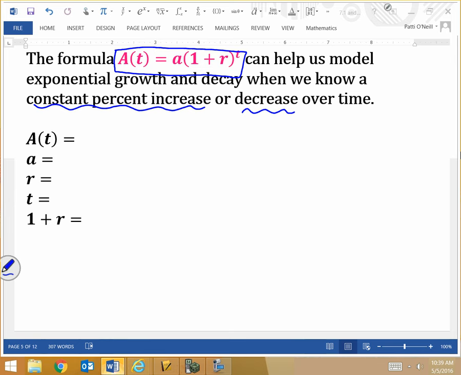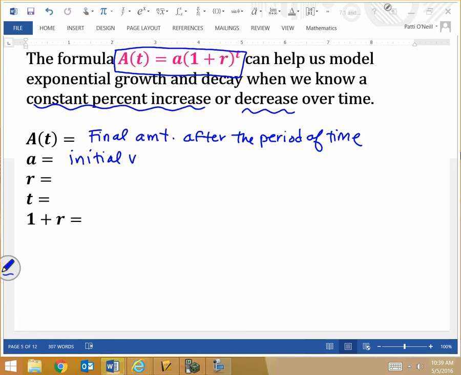Now the A of t represents the final amount after the period of time passes. The little a is the initial value, so that's not changing. Sometimes we'll refer to it as the initial amount in these types of problems because we're usually talking about an amount.